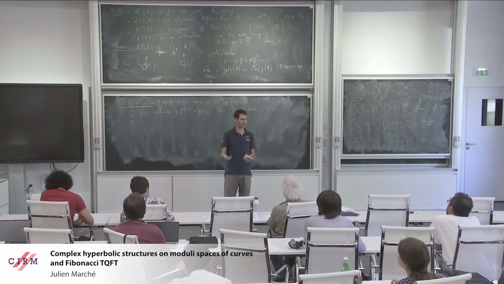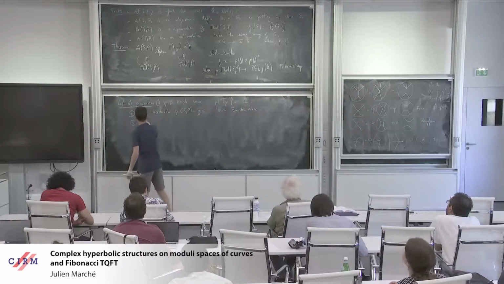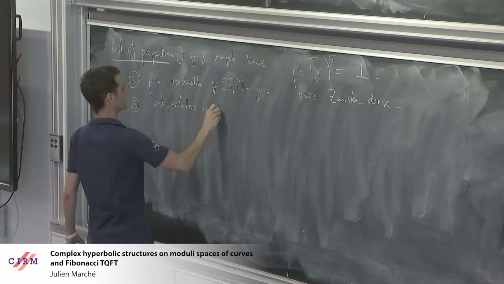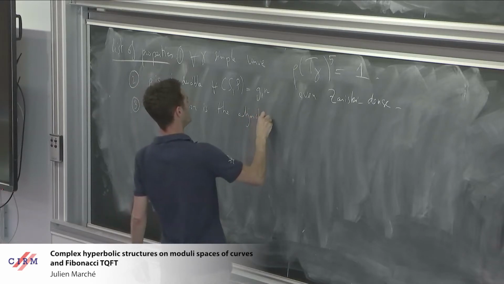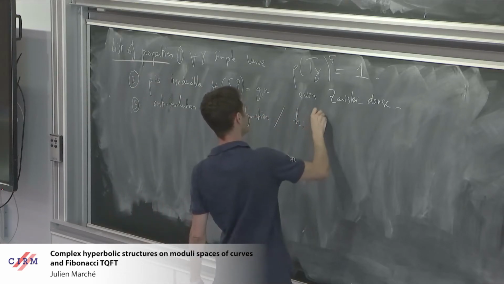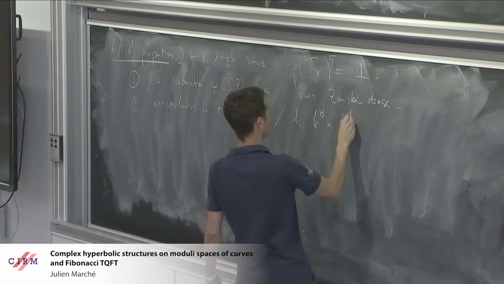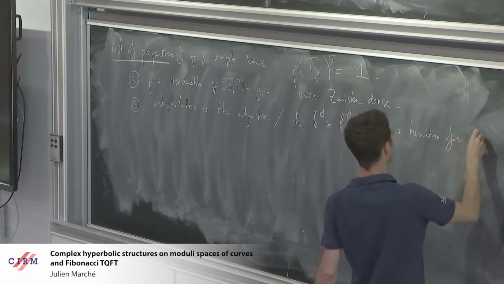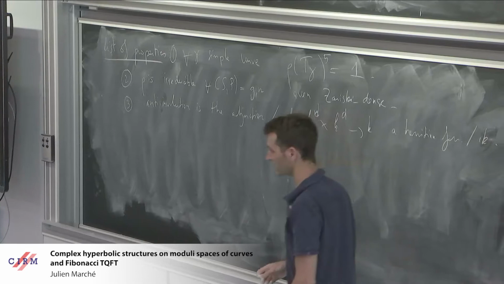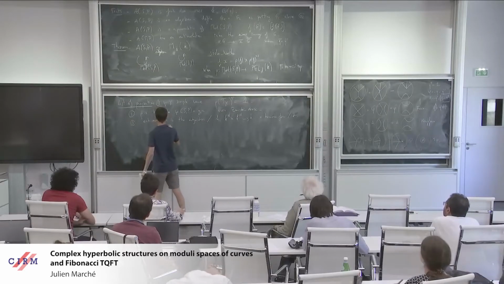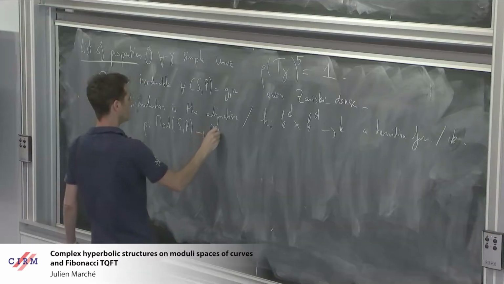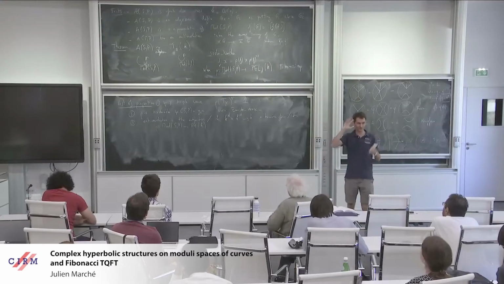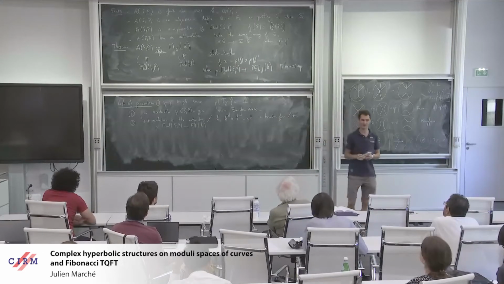So the anti-involution is the adjunction with respect to some h from K^D times K^D to K, which is a Hermitian form defined over K. So it means that the representation rho is a representation from Mod of SP into PU of h. Okay, it's a representation which preserves a Hermitian form. So now you start liking this complex hyperbolic geometry, which is arriving.